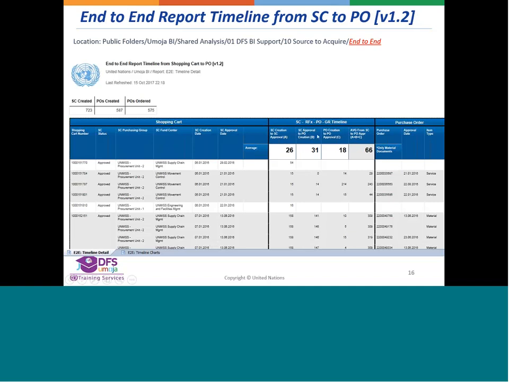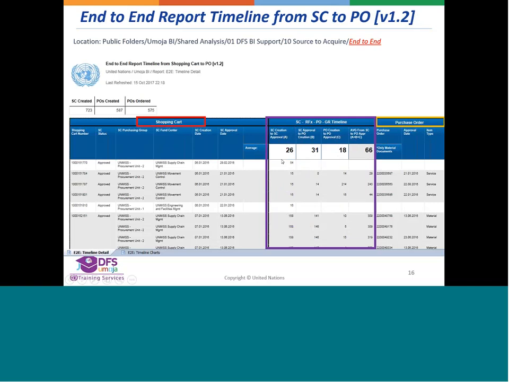That's B. And C will be PO creation to PO approval, only 10 days. So the average time from a shopping cart to be transformed into an approved PO in this particular sample of data takes 66 days. So this is really the way to read this report.